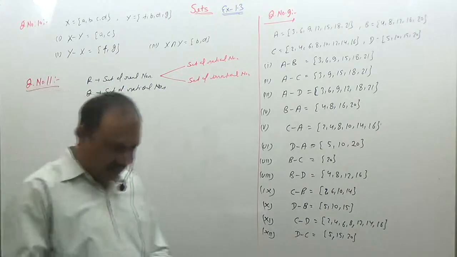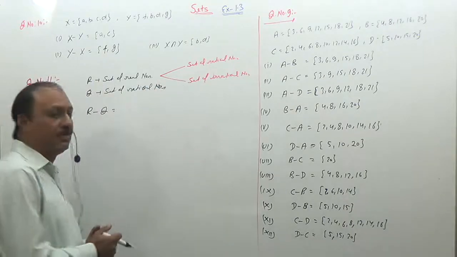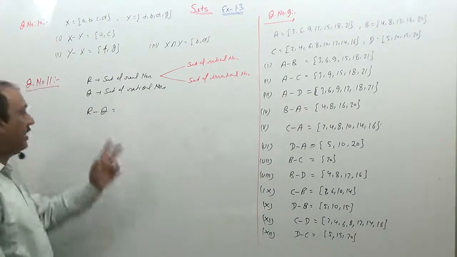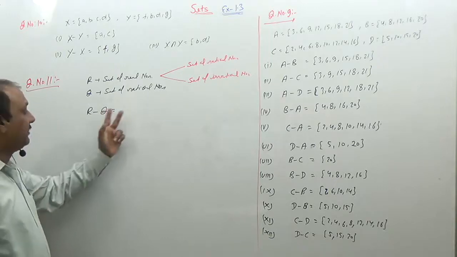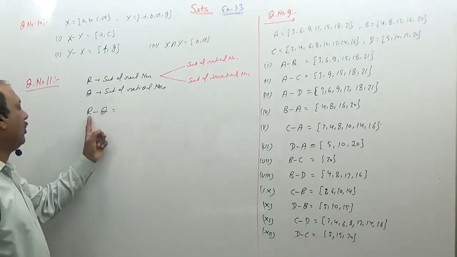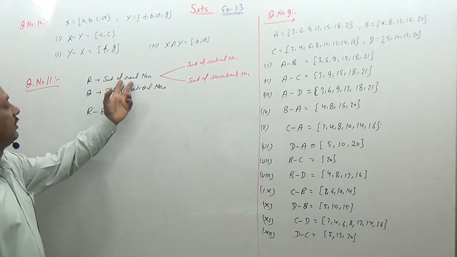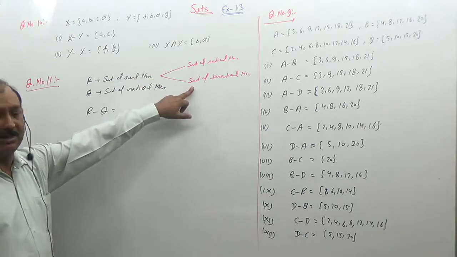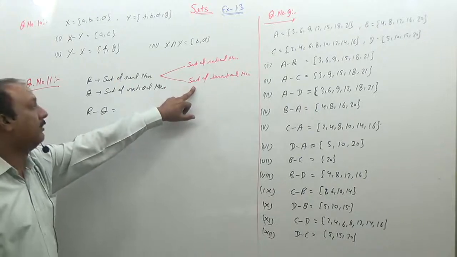We want to find the difference R minus Q. The difference of these two sets is a set which contains all real numbers which are not rational. So we know that the set of real numbers contains all rational numbers as well as all irrational numbers.